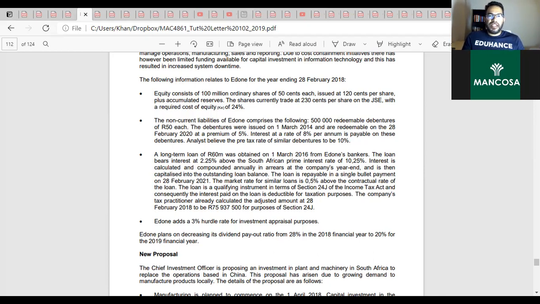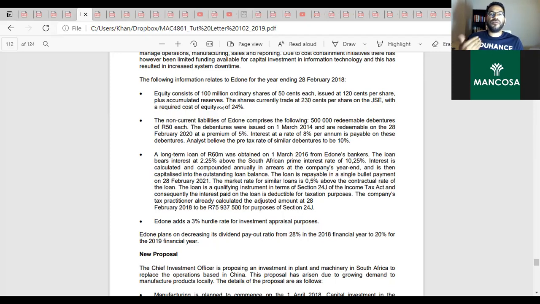We need the market rate as well as the market value. In this case, the market value, when it comes to ordinary share capital, we have two methods to calculate the market value. Either through the market capitalization method or through the dividend growth model. The market capitalization method says market value equals number of shares in issue times the share price.